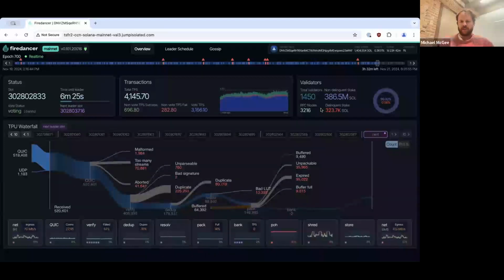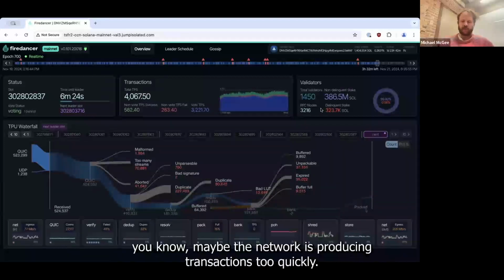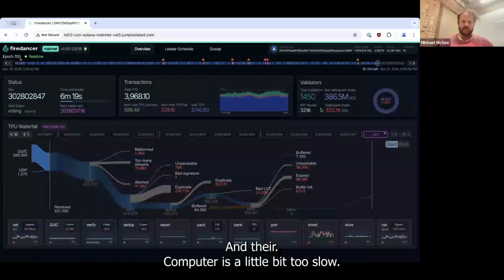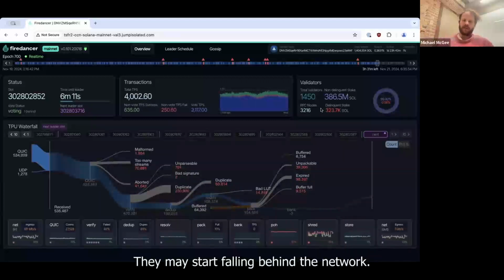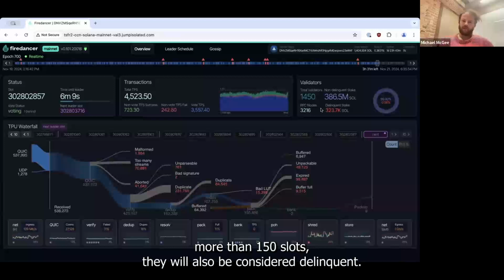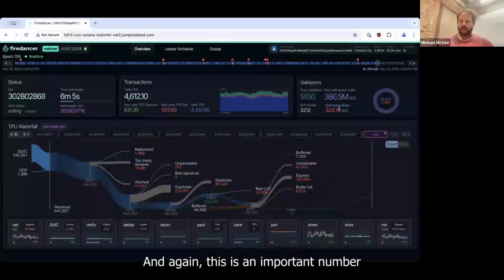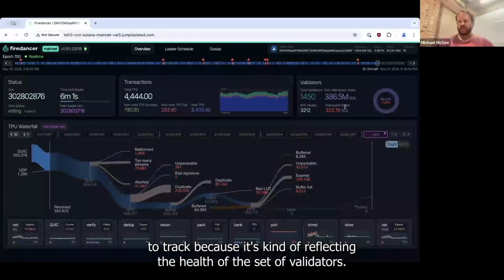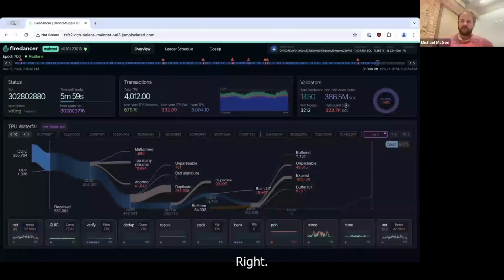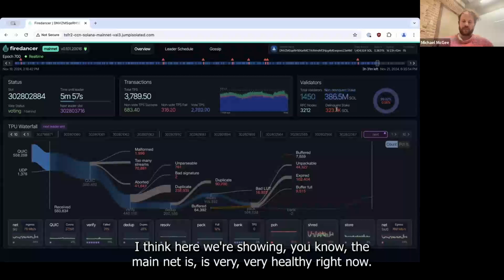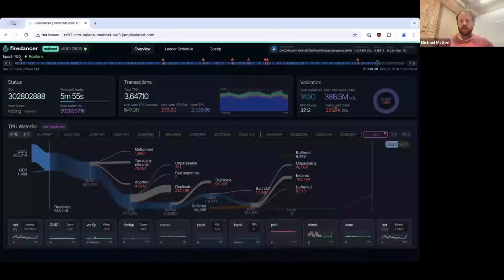If a validator isn't able to keep up in doing this job, maybe the network is producing transactions too quickly and their computer is a little bit too slow, they may start falling behind the network. And once they've fallen behind more than 150 slots, they will also be considered delinquent. And again, this is an important number to track because it's reflecting the health of the set of validators. I think here we're showing the mainnet is very, very healthy right now.